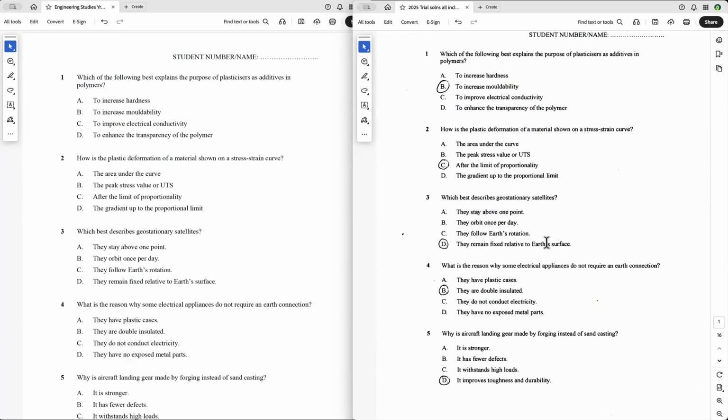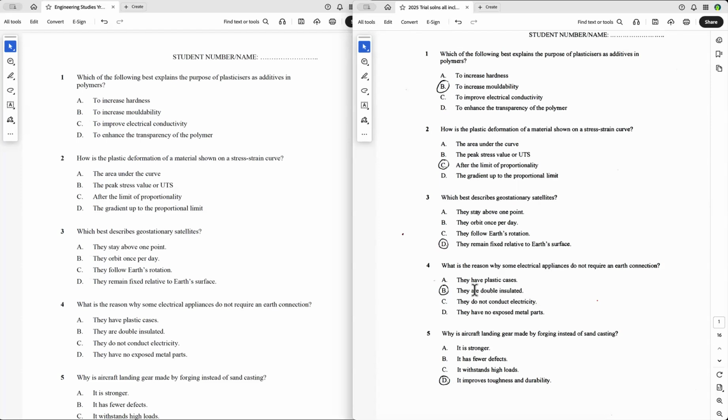Question 4, what's the reason why some electrical appliances do not require an earth connection? Because they're double insulated, and you see that with the concentric square on the side of the appliance. Question 5, why is aircraft landing gear made by forging instead of sand casting?